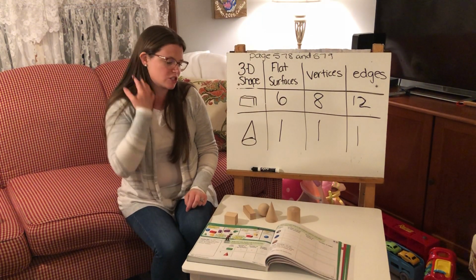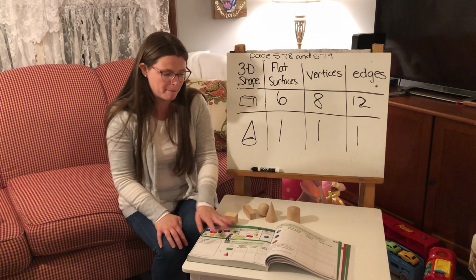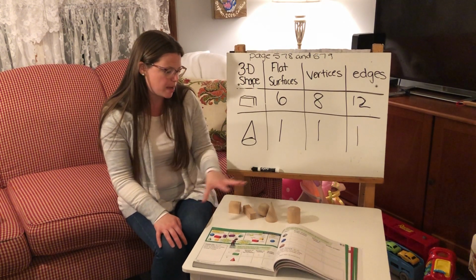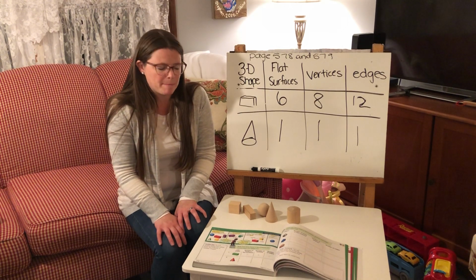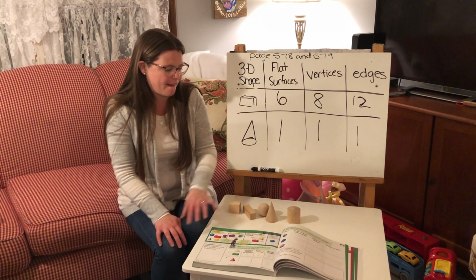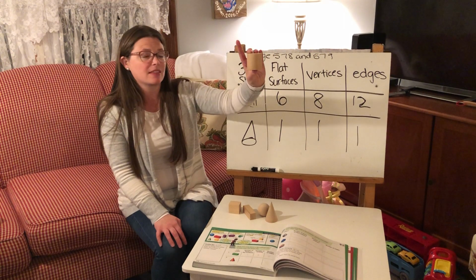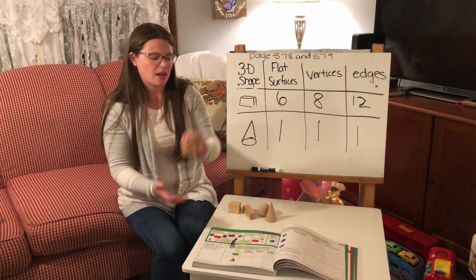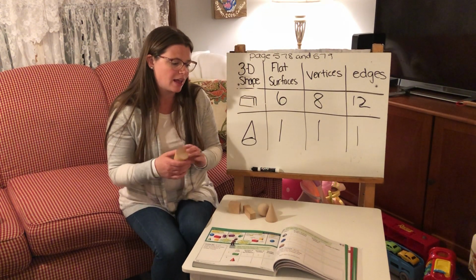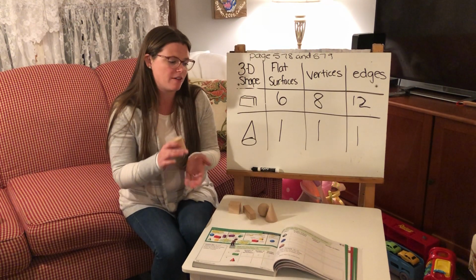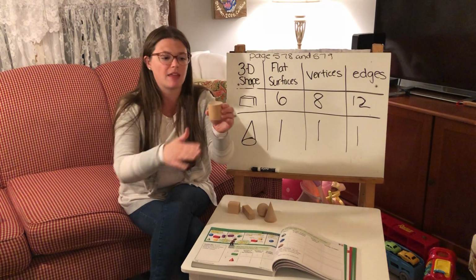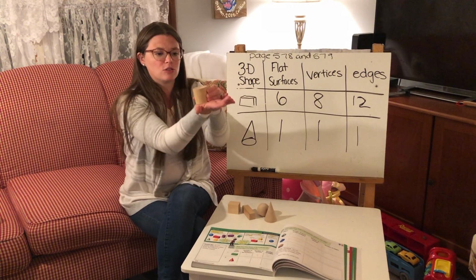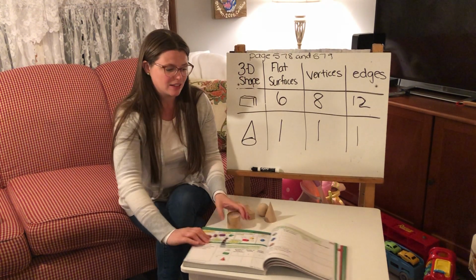Our next picture is a drum. Which of these shapes looks the most like a drum? The cylinder, right? All right, so the number of flat surfaces on the cylinder. Ready? Let's count them. 1, 2. That's it.